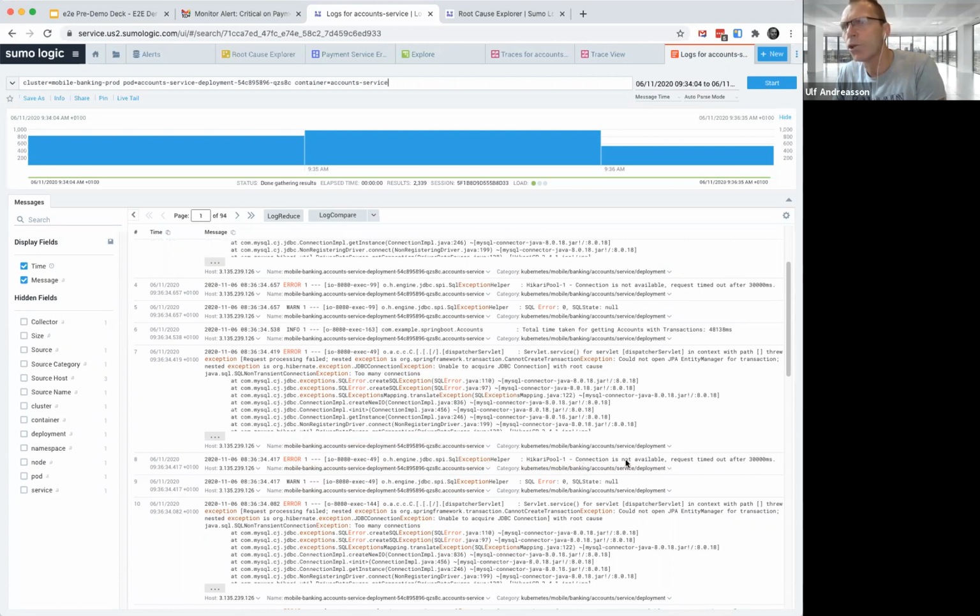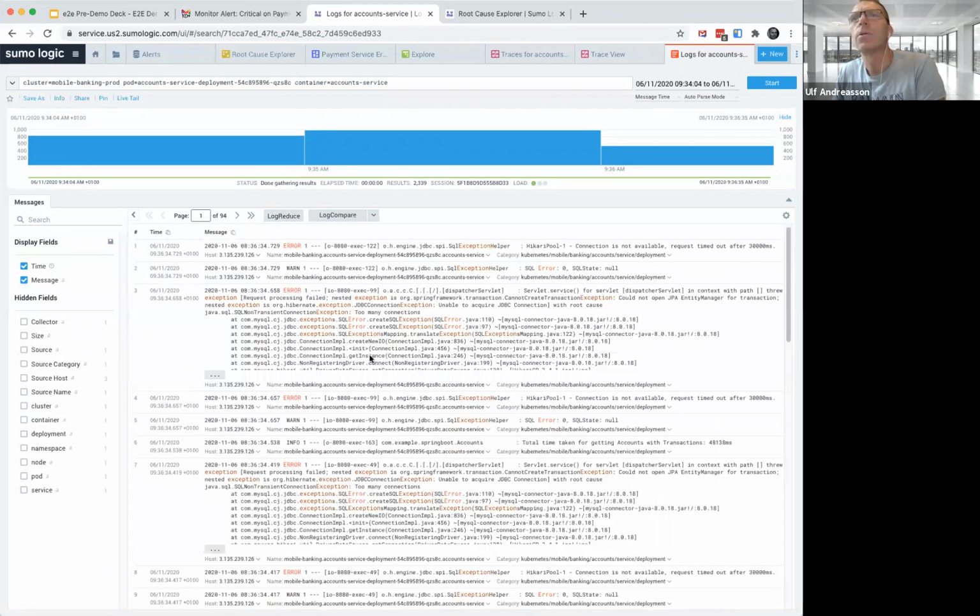Here I see some connections not available and timing out after 3,000 milliseconds. So I can infer that this really is some kind of database connection issue. And it would apply to the architecture I have, where the accounting service is talking to an RDS database as well, right?